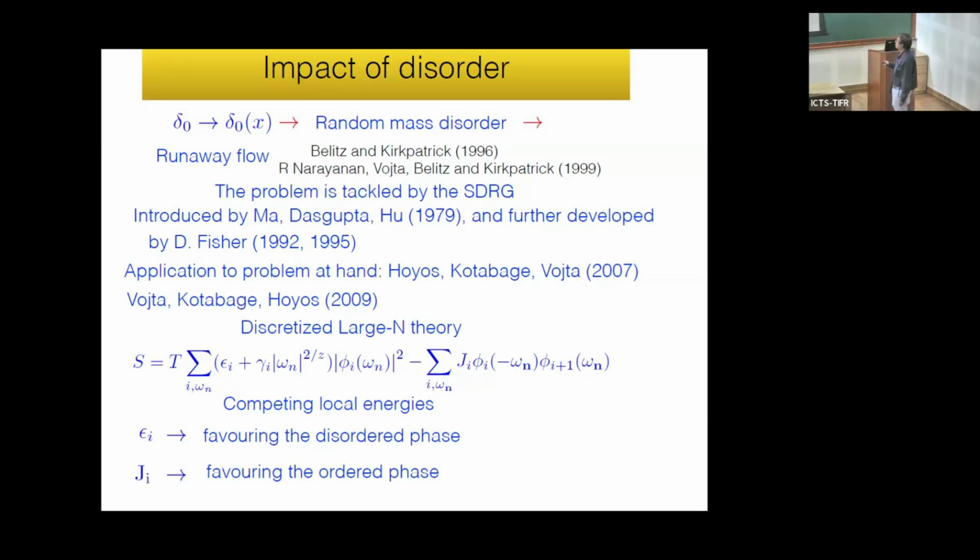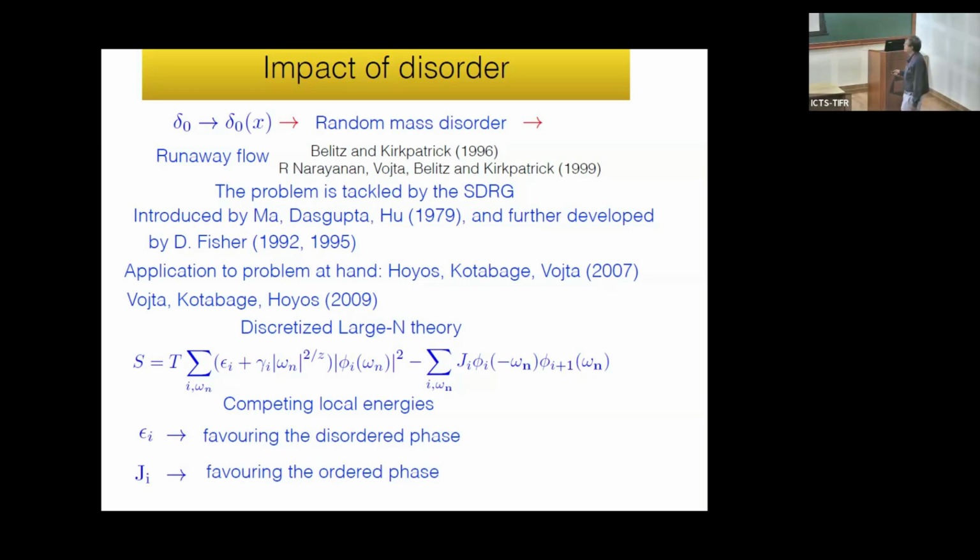An alternative approach was taken forward by Thomas Vojta and Jose Hoyos quite some time ago, and their idea was to use what is called the strong disorder renormalization group approach.